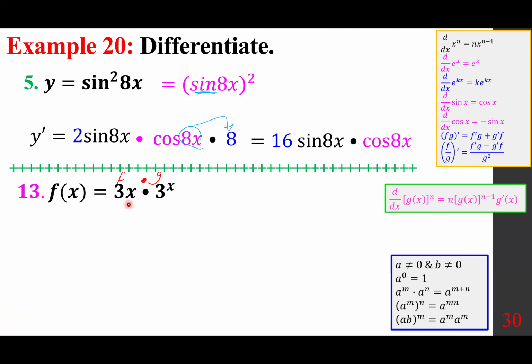So first we need f prime, which is 3, times g, which is 3 to the power of x. And then we need the derivative of 3 to the power of x. And remember, any exponential, you just write the function itself. Then you look at the base. Since the base is not e, we need ln 3. Then you look at the exponent, it's x, you're done. So this is g prime, and now times f, which is 3x.